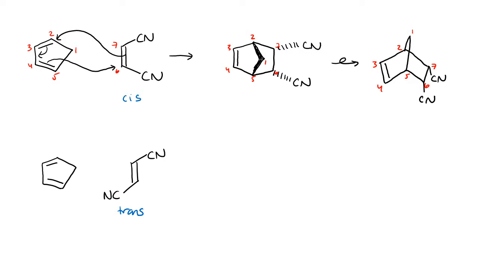Okay, so you can draw your products in either form, whichever is easiest for you to see and draw. Okay, let's go ahead and take a look at this next one. So it's really going to be the same sort of mechanism, same type of product. We're just going to need to change the stereochemistry of our electron withdrawing groups.